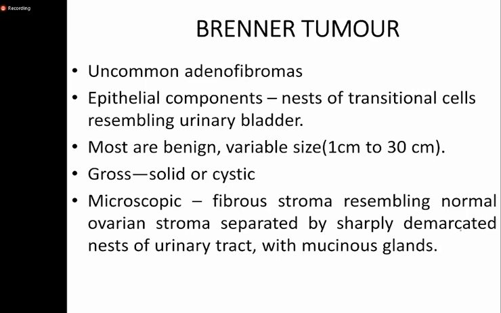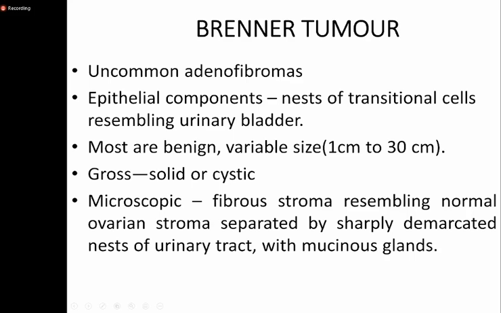Epithelial components comprise nests of transitional cells that resemble the urinary bladder epithelium. Majority, luckily, are benign, and they vary in size from small tumors, 1 centimeter, sometimes seen as an incidental finding when we are sent an ovarian tissue, to large masses up to 30 centimeters. So 30 centimeters is the size of your ruler, so that's a huge tumor.